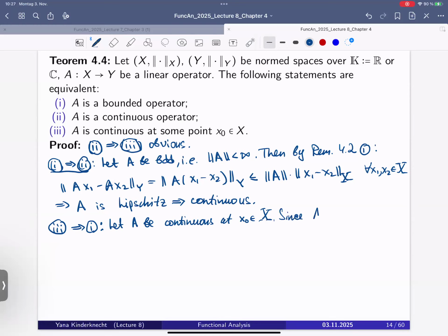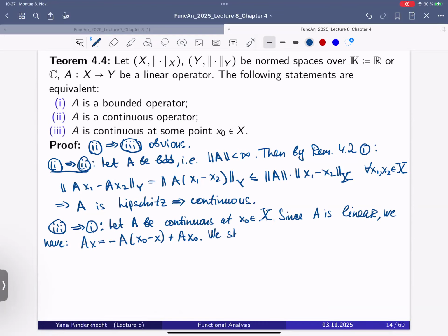Since A is linear, we have A of x is equal to minus A applied to x0 minus x plus A of x0.